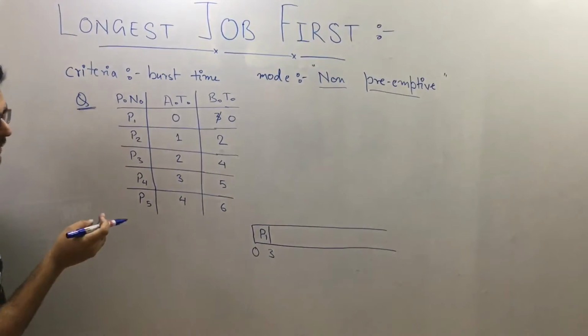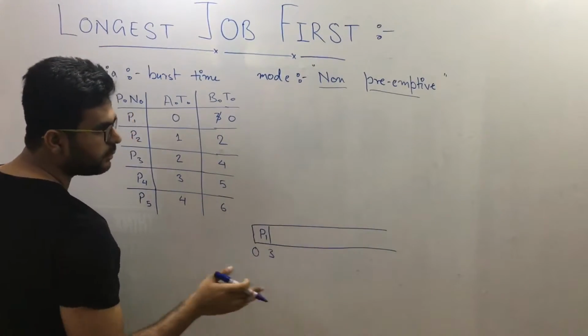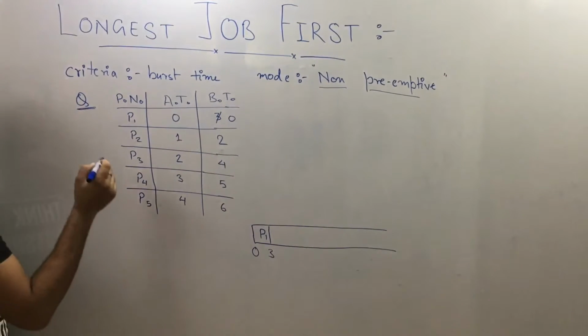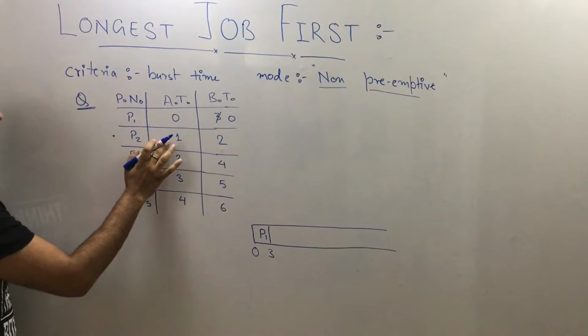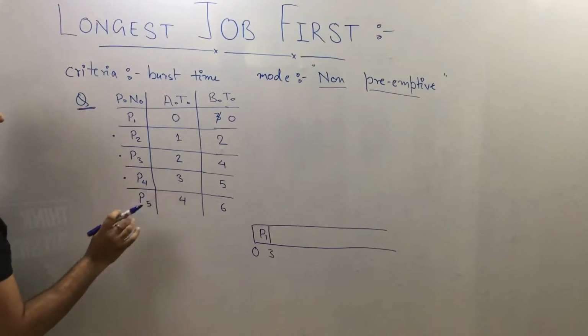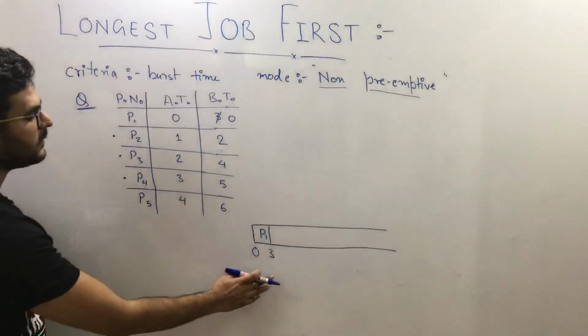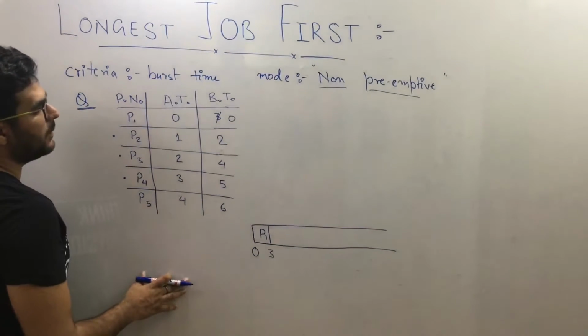Now as P1 is completed, we have to see how many more processes arrive in our system up to 3 units. So P2 is arriving at 1 unit, P3 is arriving at 2 units and P4 is arriving at 3 units. So a total of 3 processes have arrived in the system as P1 is completed at 3 units. Now what do we need to do?